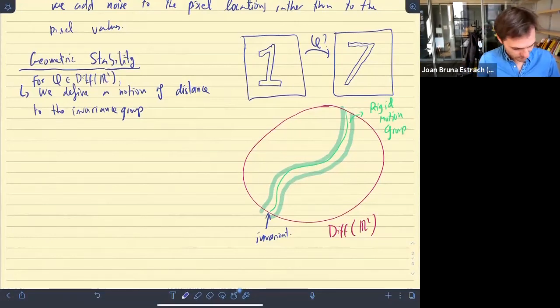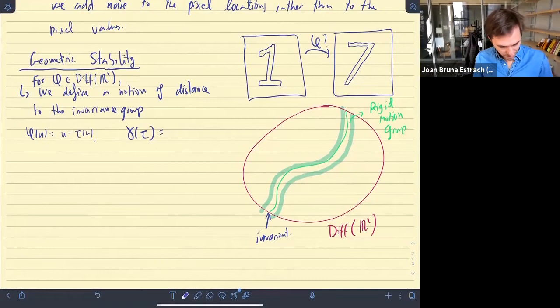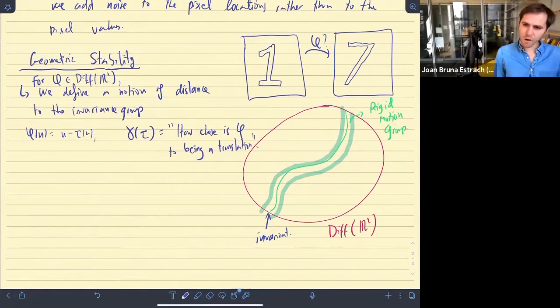Let's say that we parameterize phi of u to be u minus tau of u, and we define this gamma of tau. Think about this as basically modeling how close phi is to being a translation.